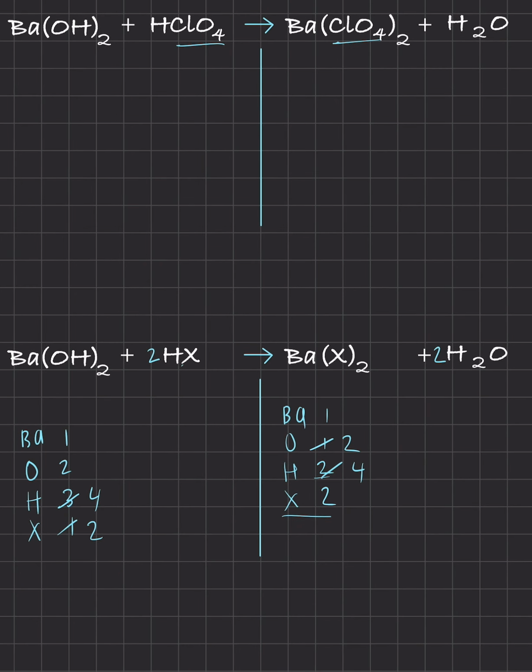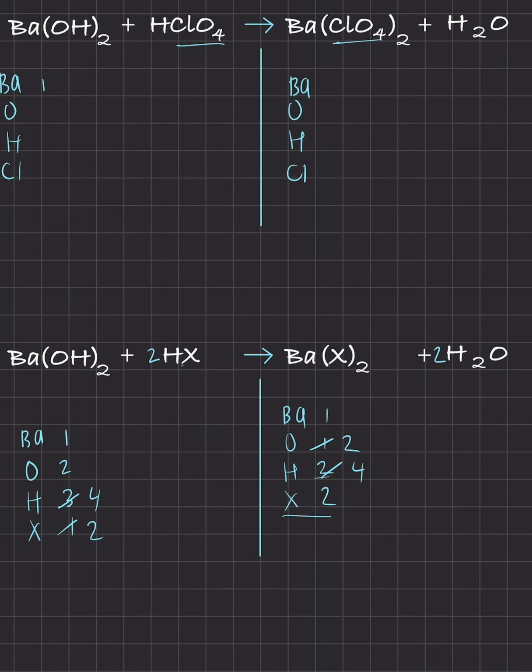So now let's do the long method. So again, you have Ba, you have oxygen, you have hydrogen, you have Cl, and you have oxygen. Oops, we already have oxygen, okay? So again, you have Ba, you have OH, Cl.